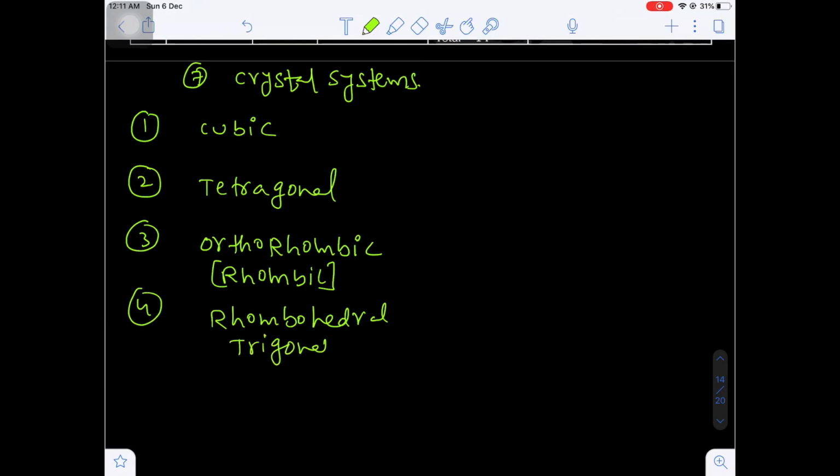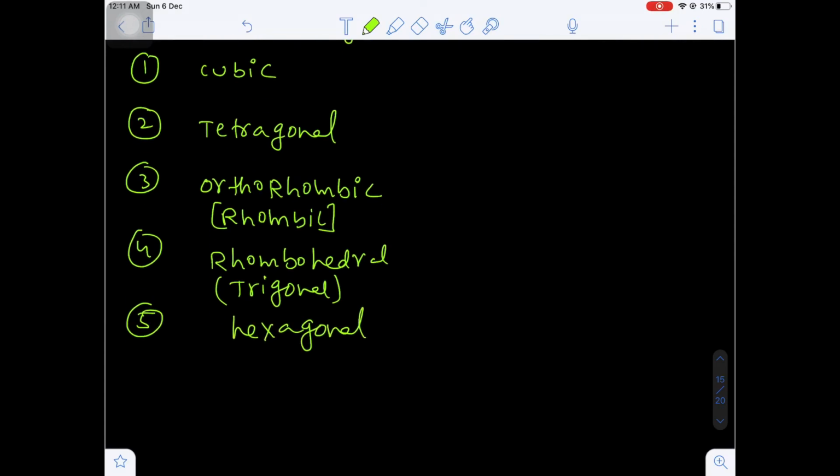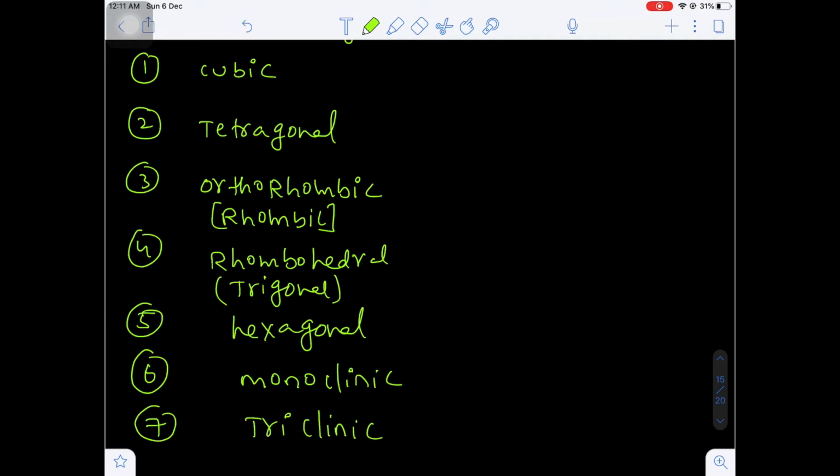Rhombohedral or trigonal system, both are same. Fifth one, hexagonal system. Sixth one will be the monoclinic system. And last one will be the triclinic system. This is very important. We have to remember the 7 crystal systems like this: cubic, tetragonal, orthorhombic, rhombohedral, hexagonal, monoclinic and triclinic.